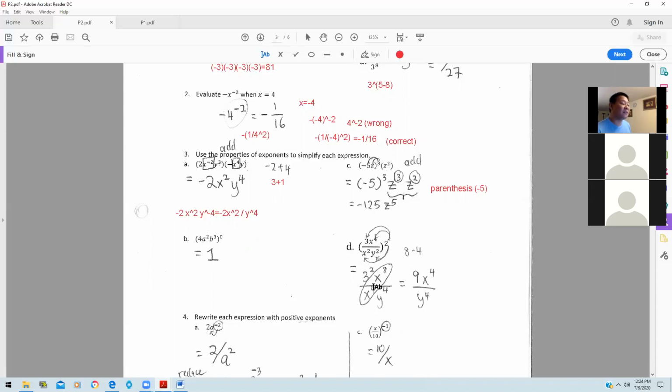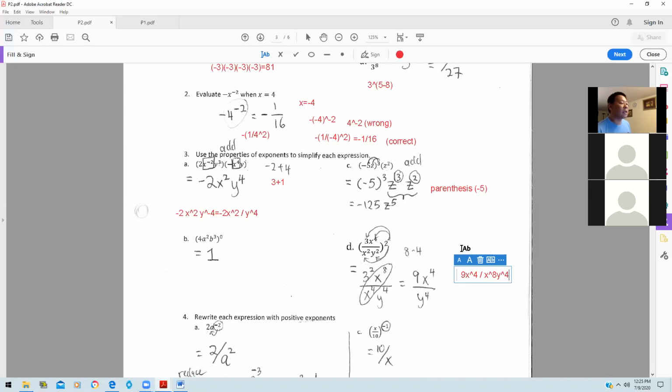What happens if this came out to be negative? So instead of 8 minus 4, let's say you get 4 minus 8. Then you will get a negative 4. And since it's a negative 4, then this number has to go on the bottom. Okay. So for example, let's say you get something like this. 9x to the power of 4, and then divided by x to the power of 8, y4.